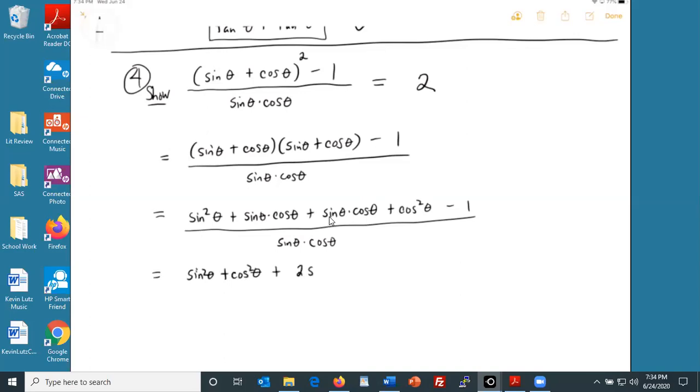Plus 2 sine cosine, because you've got 1 here and 1 there. These are like terms, sine cosine and sine cosine. And when you add 1 plus 1, you get 2 sine cosine by combining like terms. And what else? Oh, the 1, minus 1, over sine cosine.